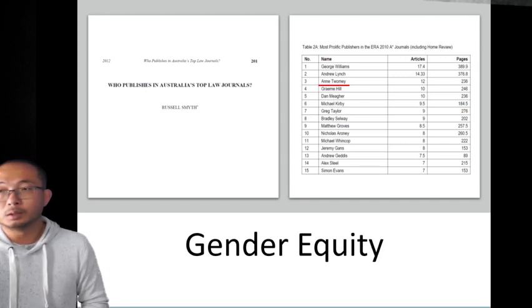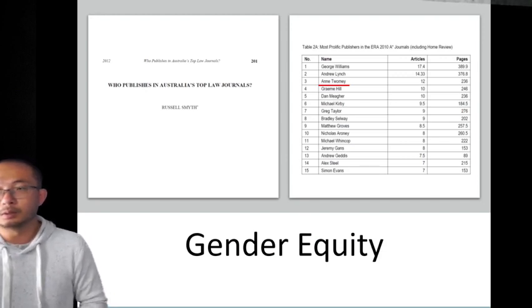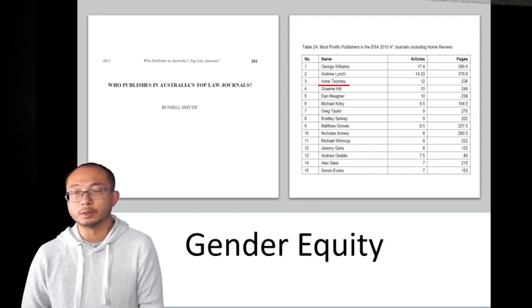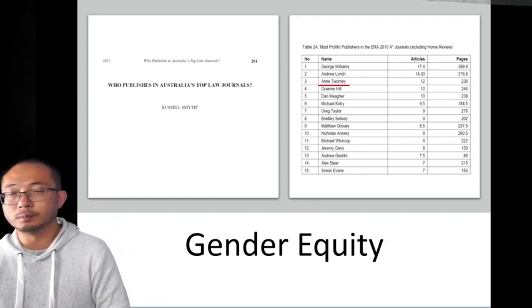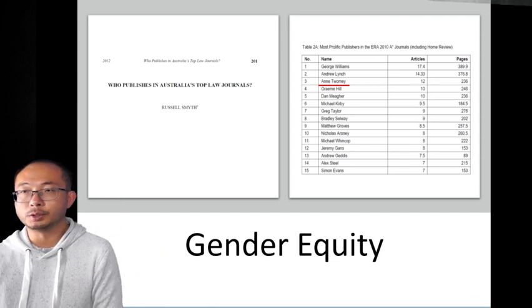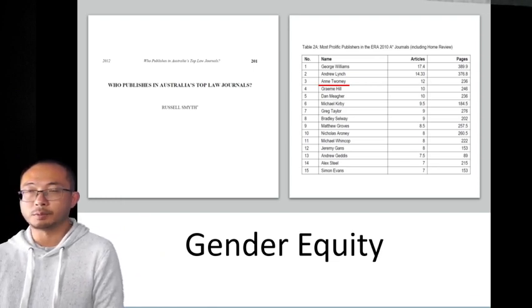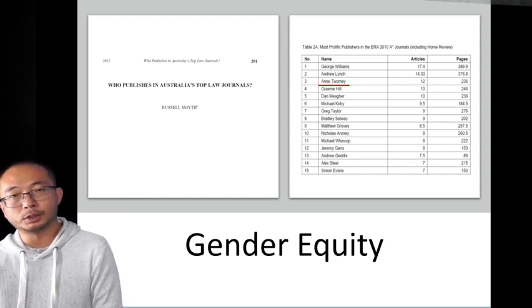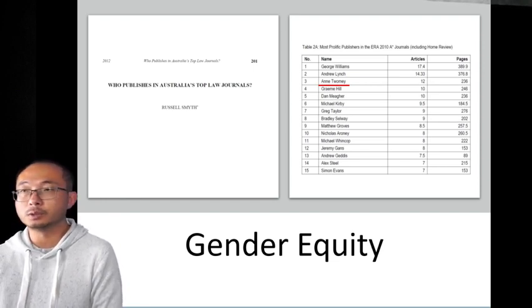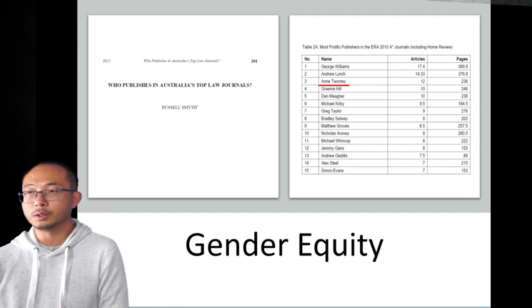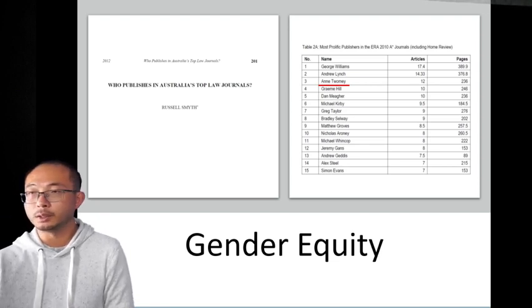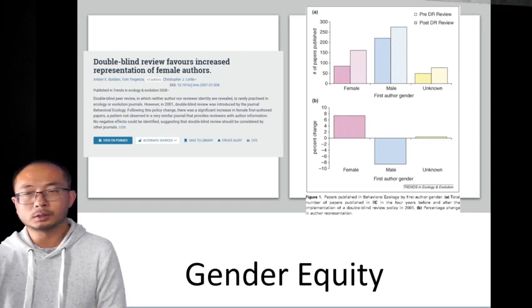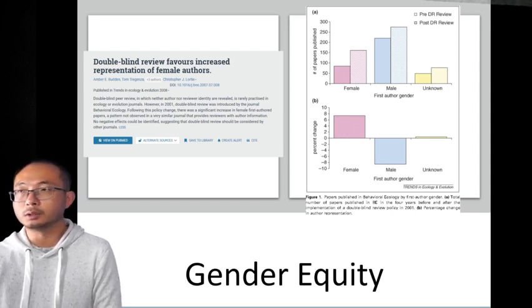This paper reviews the academics who publish in Australia's top law journals, and found that there's only one woman at the top. And it's not just in legal circles.